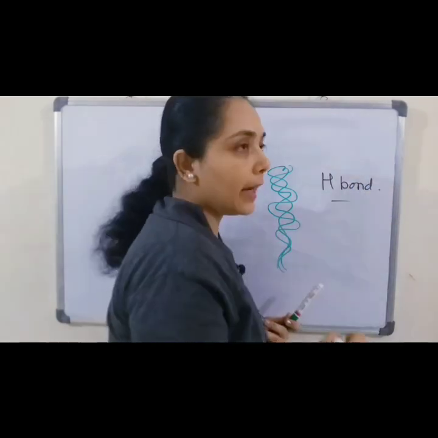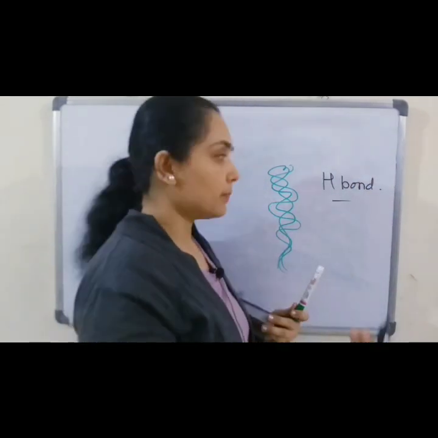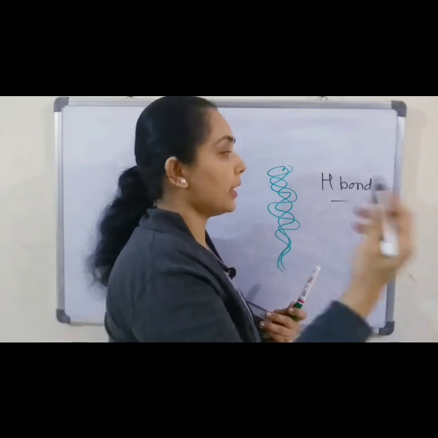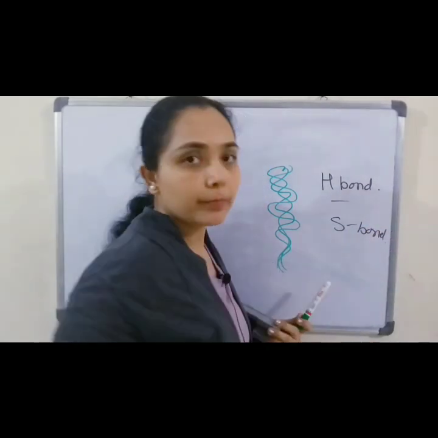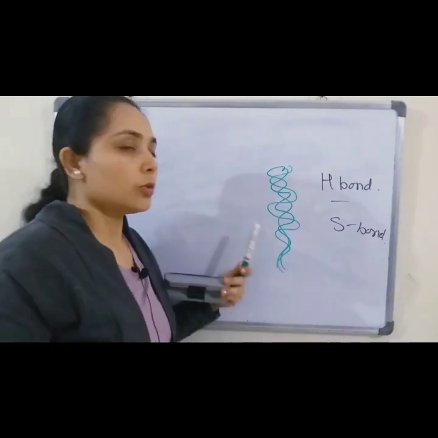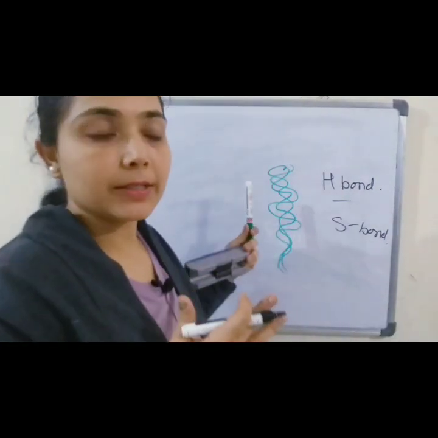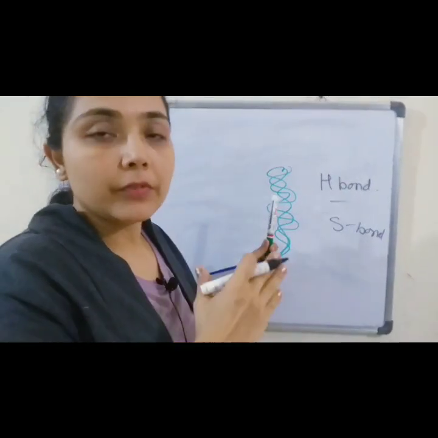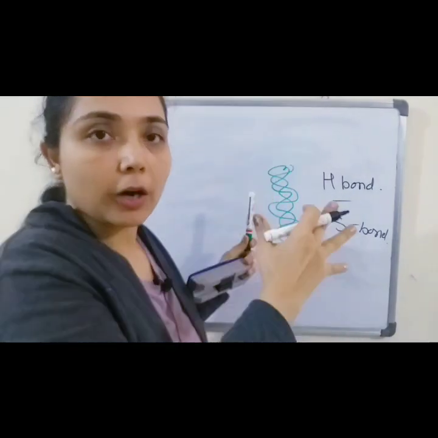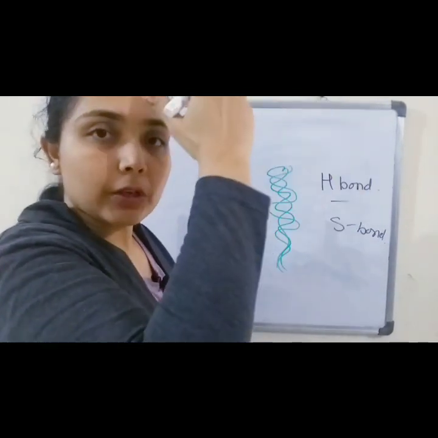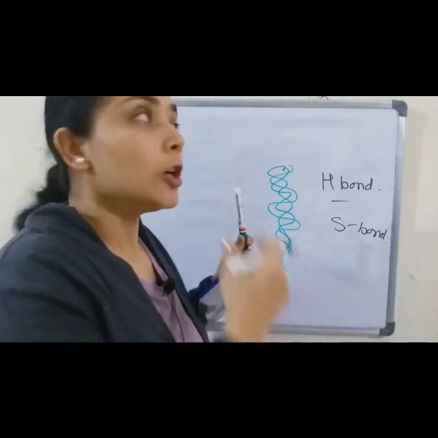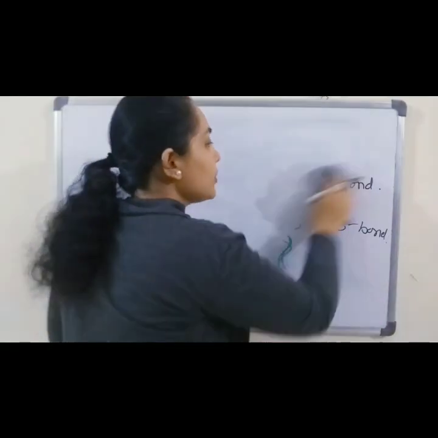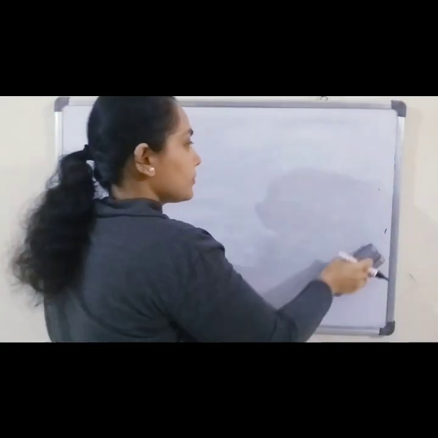Along with that, van der Waals interactions, ionic interactions, and sulfide bridges are also present. These help in stabilizing the structure. But how it forms and what modifications it undergoes after synthesis will come under the heading of the biosynthesis of collagen.